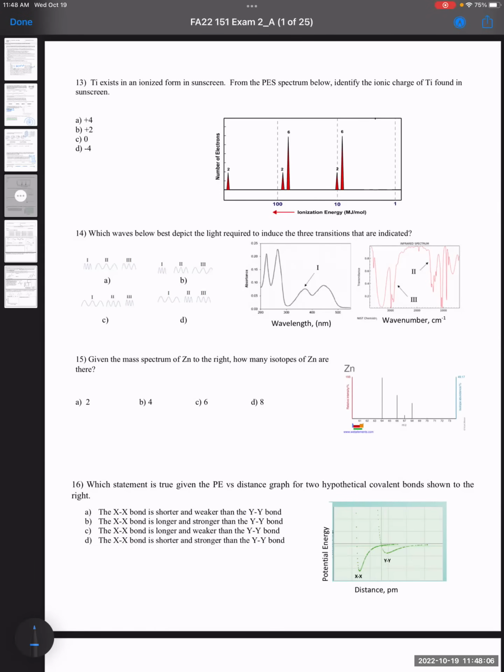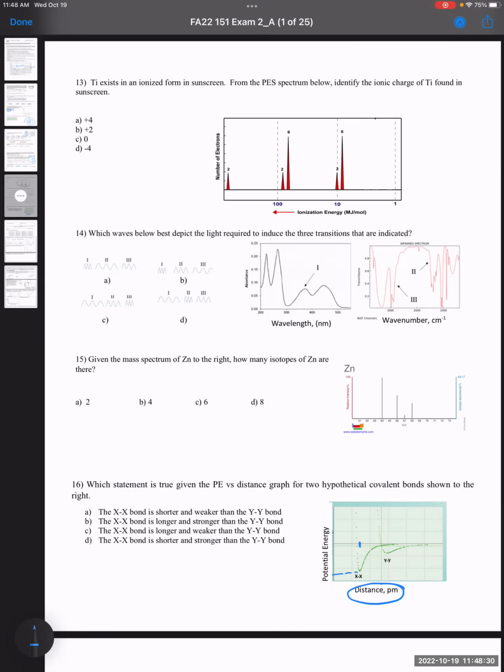That means the XX bond should be the strongest. And also, the minimum for XX occurs at a shorter distance. Here's the distance between the atoms, which is smaller when we have the XX minimum, meaning the bond length is shorter for XX.